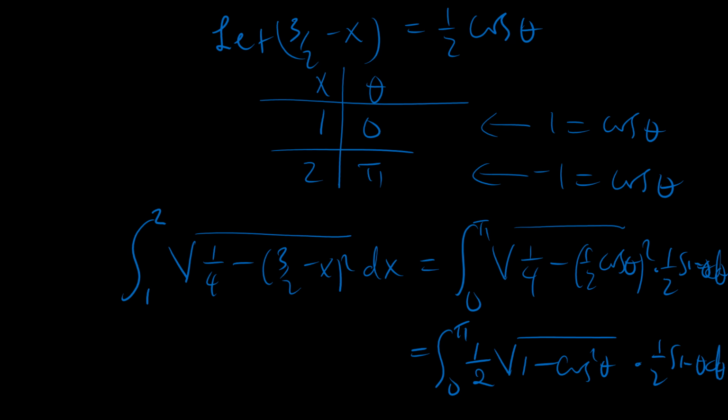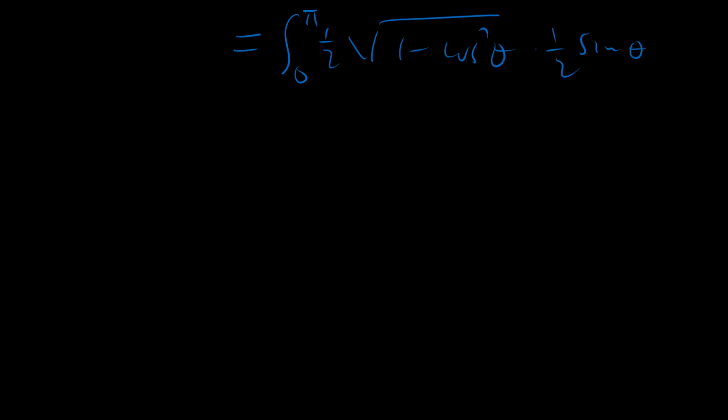And so let's continue. We saw that our integral now had come to a point where we have 1 minus cos square theta. So this part here is obviously sine square theta, square root of that.